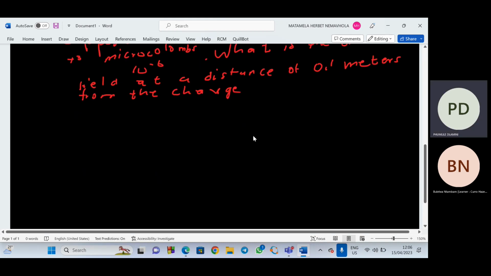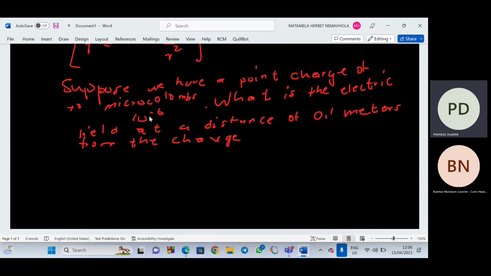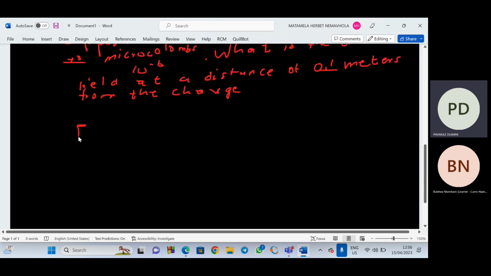Now what are we given? It is a positive charge, which is 3 microcoulombs, and we also have a distance of 0.1. To find the electric field, you're just going to use K Q over R squared.